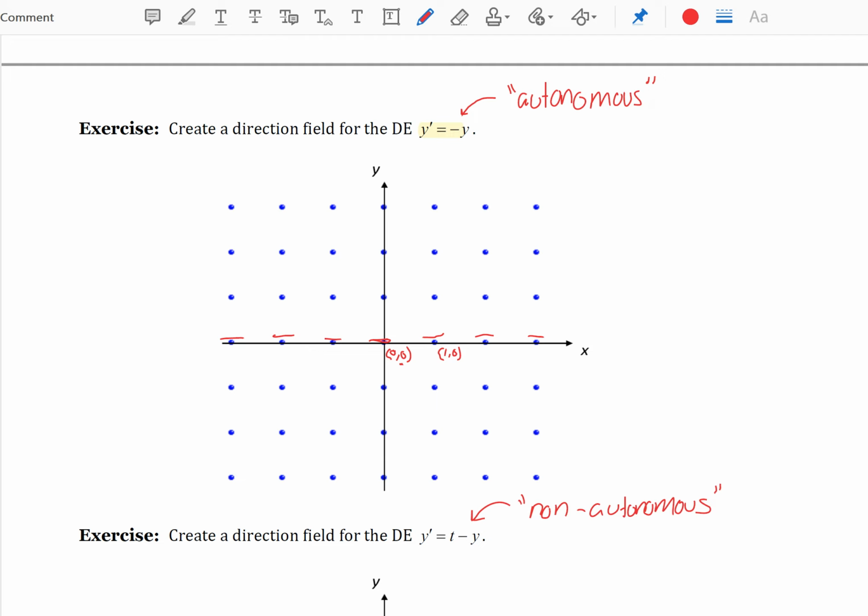Okay. If we pick any point that's along the line y equals 1, they're all going to have the same slope because they all have the same y value. So along this line where y is equal to 1, the slope is always going to be negative 1. And sometimes it's hard to draw this completely accurately, but try and draw something that looks like maybe negative 1.